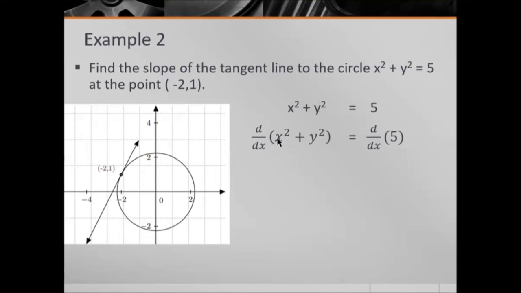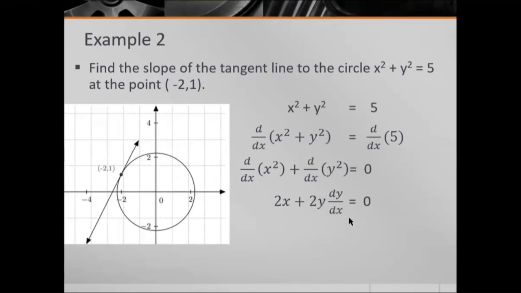So kuha natin yung derivative ng x squared with respect to x at yung derivative ng y squared with respect to x. Okay, then yung right side naman, constant ng 5, so 0 na yun. So ang derivative ng x squared with respect to x ay 2x at ang derivative naman ng y squared with respect to x ay 2y dy over dx.